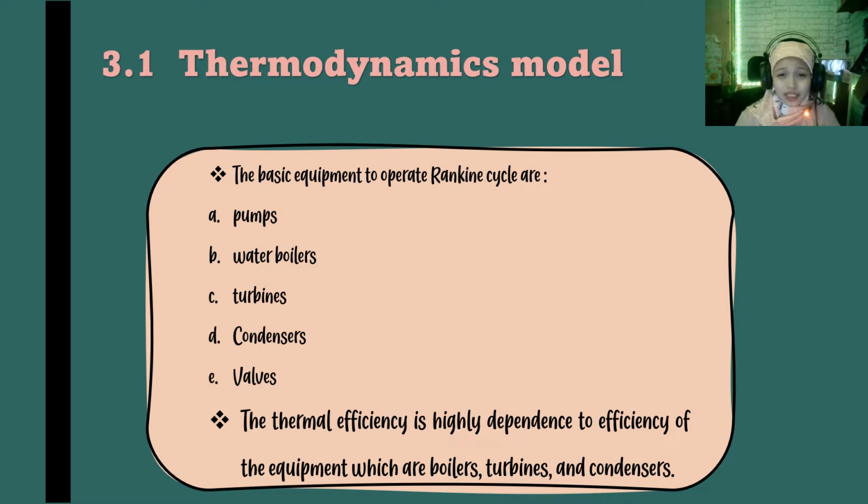The thermal efficiency is highly dependent on the efficiency of the equipment, which are the boiler, turbine, and condenser. Any changes in inlet or outlet temperature will affect the isentropic and thermal efficiency of the turbine.